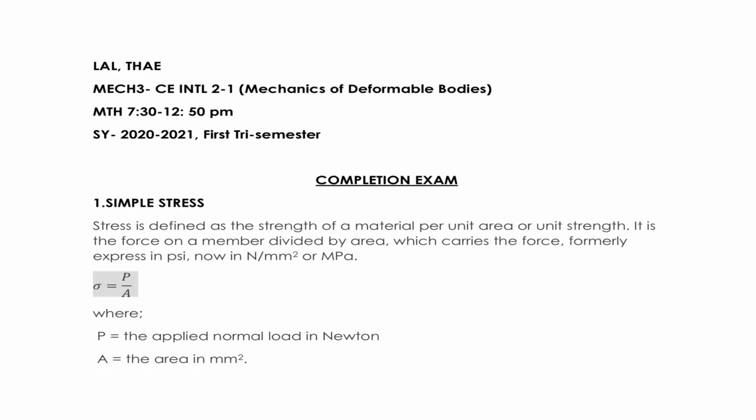As we can see in the formula for simple stress, simple stress equals P over A, where P stands for the applied normal load in Newton, and A stands for the area in millimeter square.